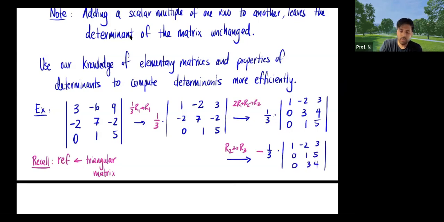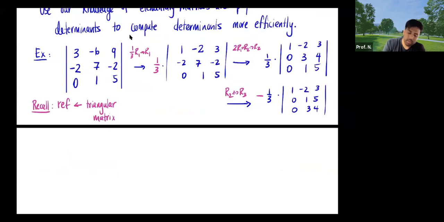The reason why I did that was because I don't have to divide this by 3 anymore to make this into a 1 so I can get rid of this. I can just straight up from here now say what? I want to take negative 3R2 and add that.